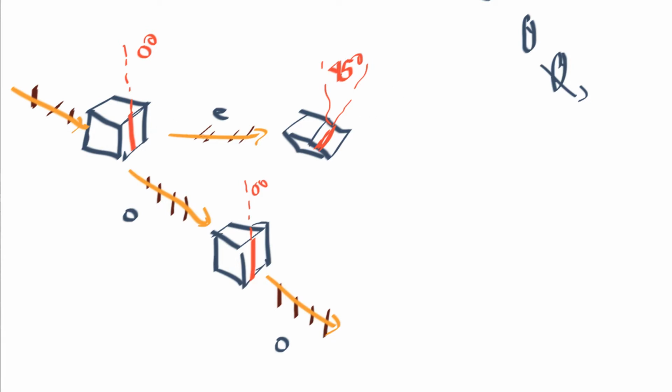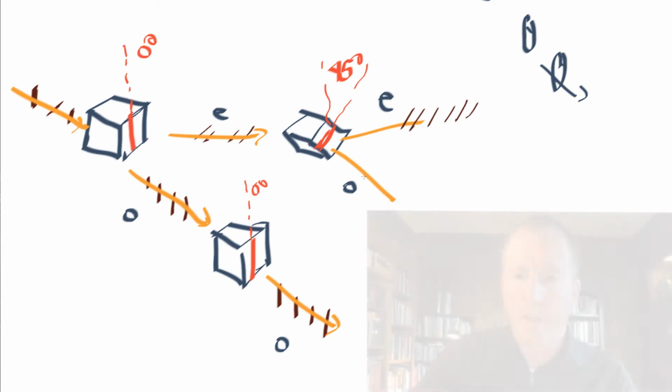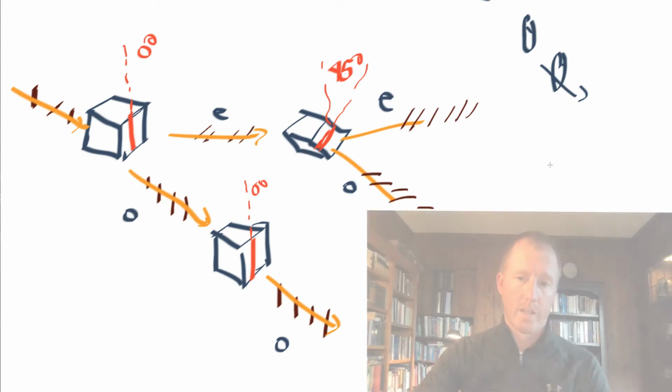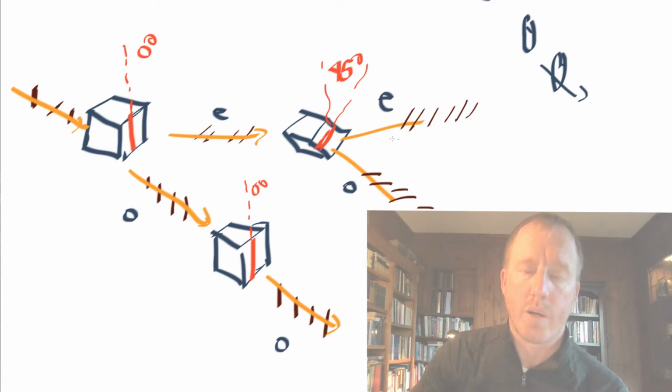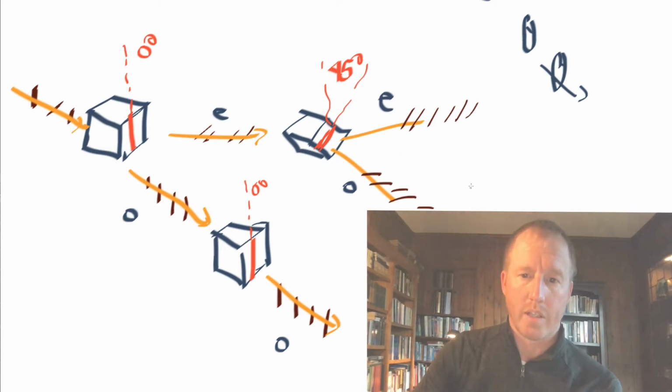Well, this extraordinary beam coming like this, then going into this twisted crystal, what happens to it is it, in fact, divides this beam into two separate beams, one that acts like an ordinary beam and one that acts like an extraordinary beam. Some of these are going to be coming out in the direction of the diagonal one way, and the other ones are going to be coming out in the direction of the diagonal the other way. So by twisting the crystal, you can further subdivide this into two beams like this.